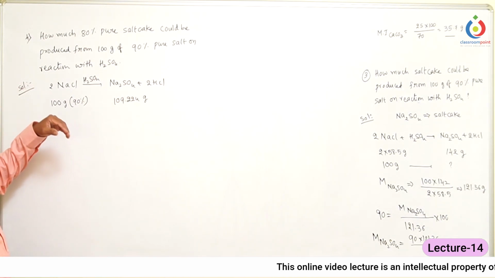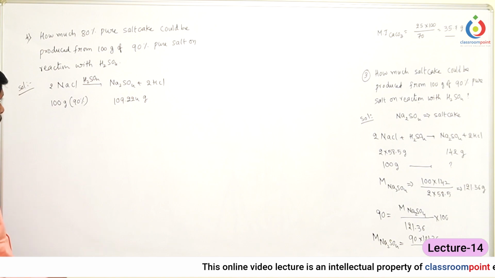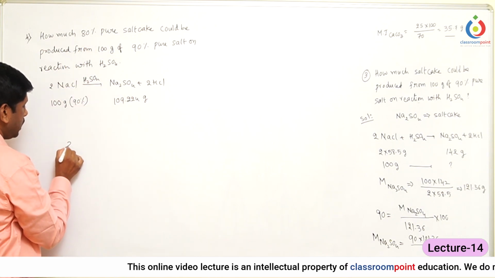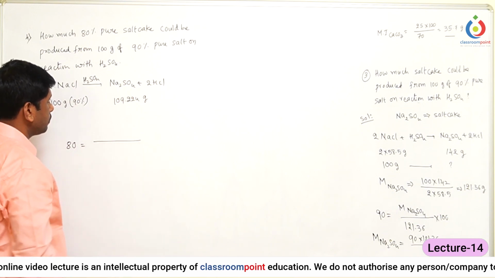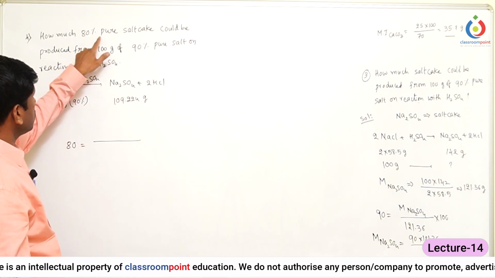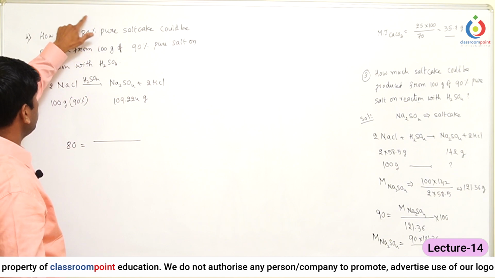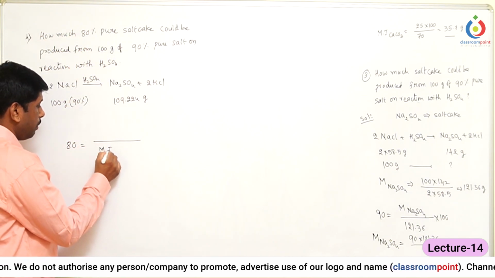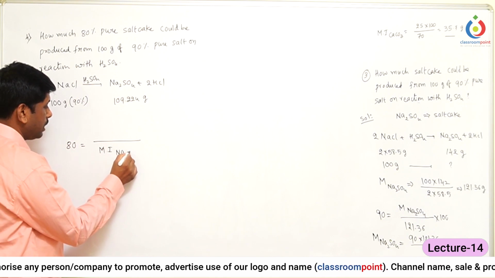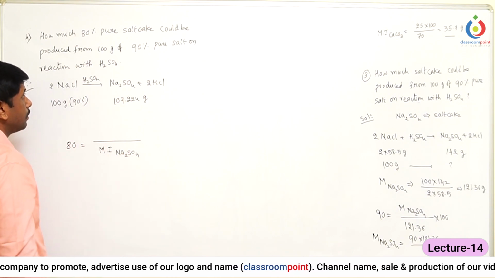Now let us directly substitute this value in the formula. They are asking for 80% pure salt cake, that means the remaining 20% is impure. So the mass of the impure salt cake, that is Na2SO4, they are expecting.